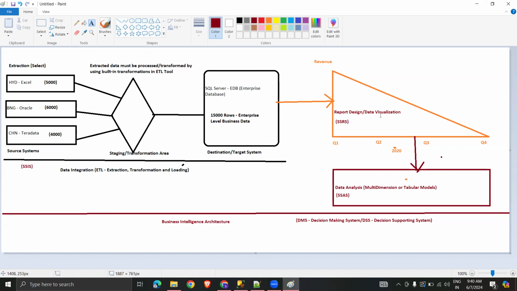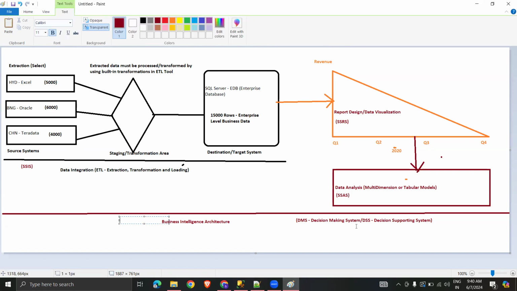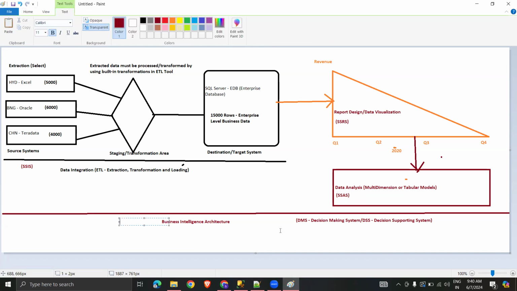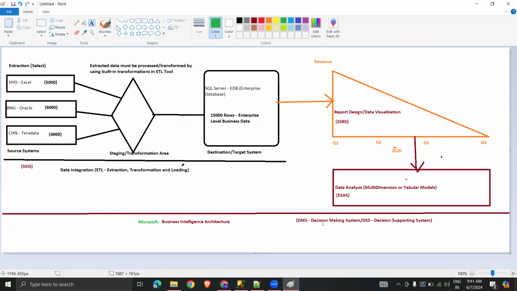So you are in a position to perform all BI activities by using MSBI tools. So, can we say this is our Microsoft Business Intelligence Architecture? Totally the MSBI architecture.